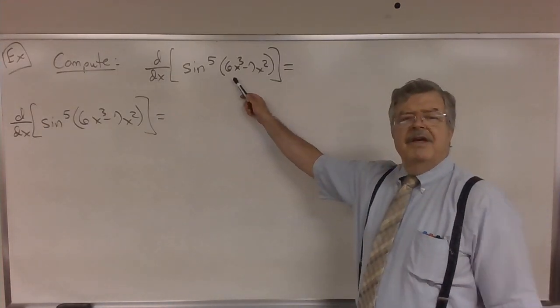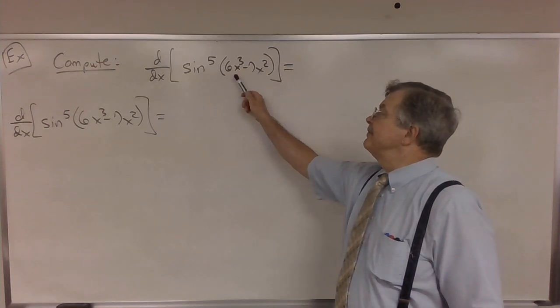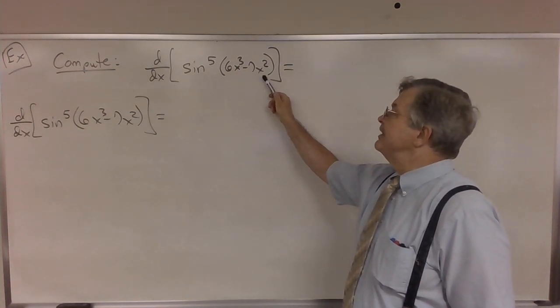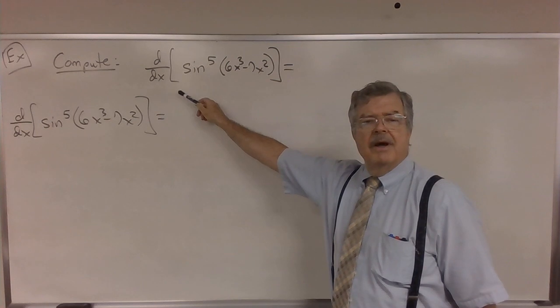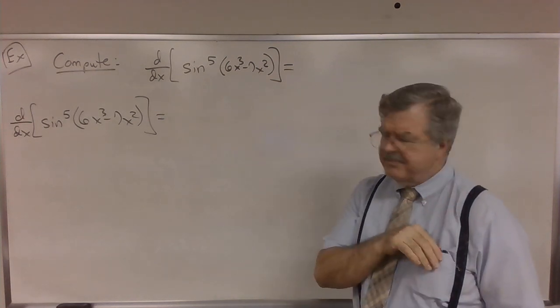Okay, take a look at this. Sine to the fifth of 6x cubed minus 7x squared. We want to compute the derivative.